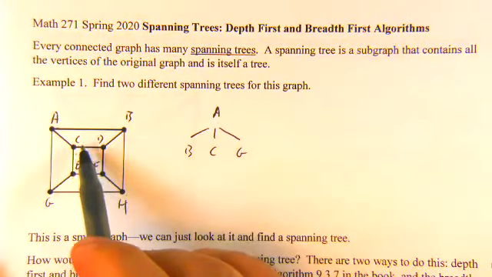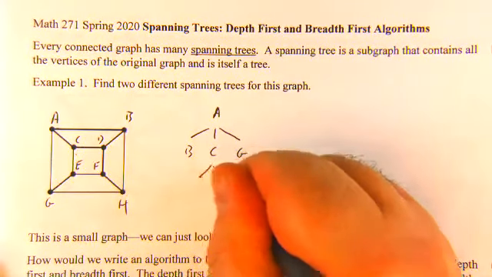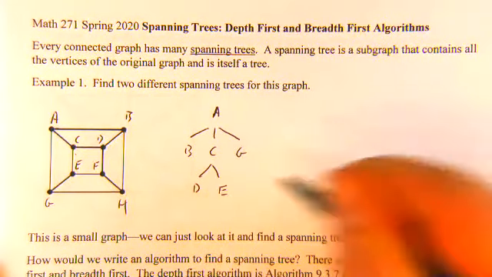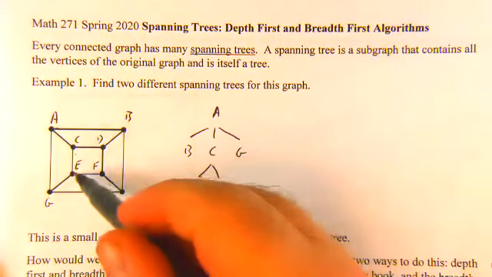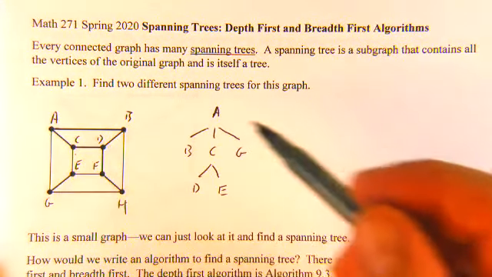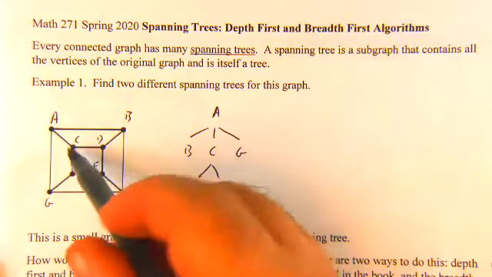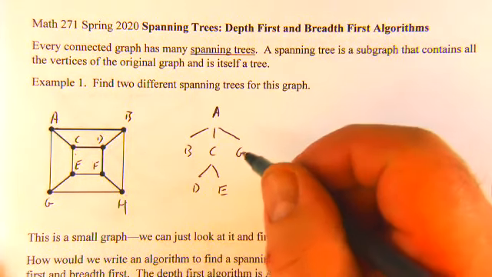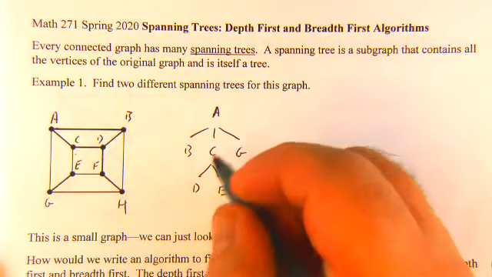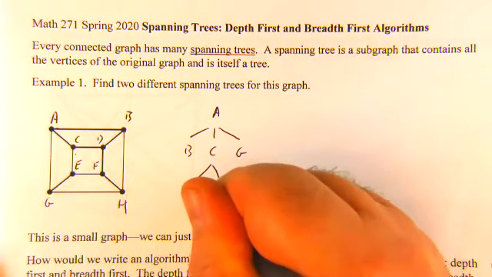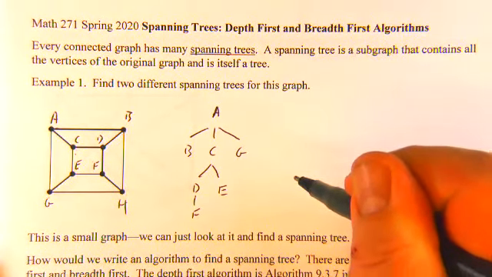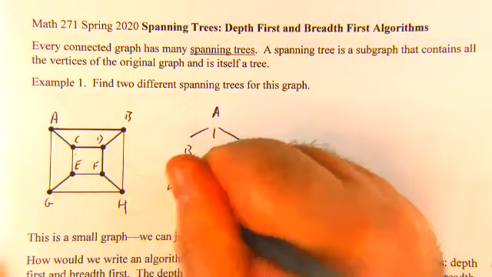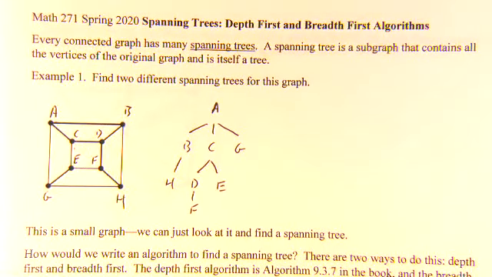From C, we can pick up D and E. Then we've got A, B, C, D, E. We need F and H. From D, we can pick up F, and from B, we can pick up H. So there's all of my vertices, 1, 2, 3, 8 of them, in a tree.